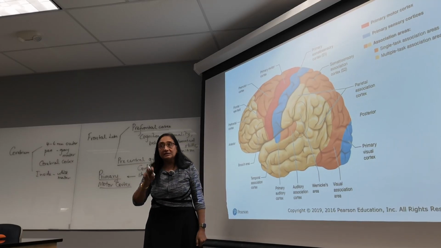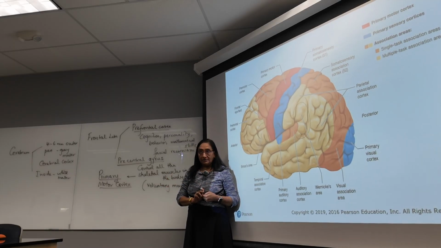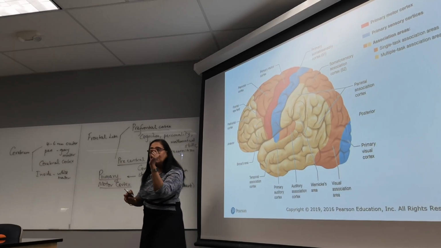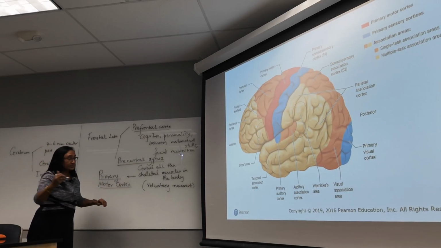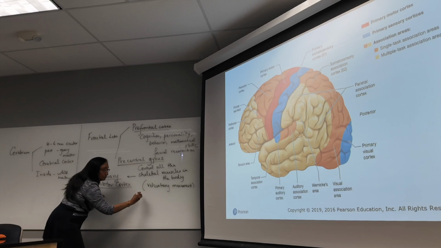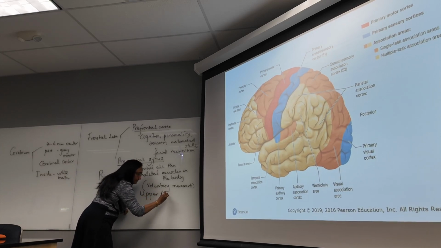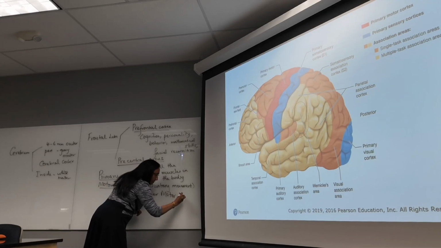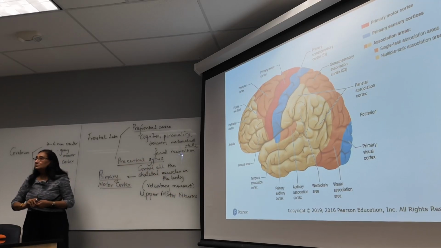The neurons here control all the skeletal muscles in the body, and because they control the skeletal muscles, you call these neurons upper motor neurons.